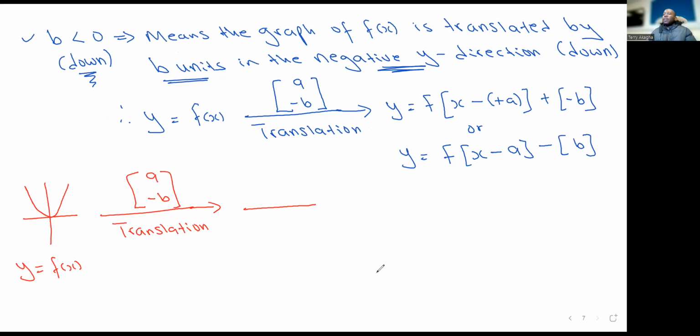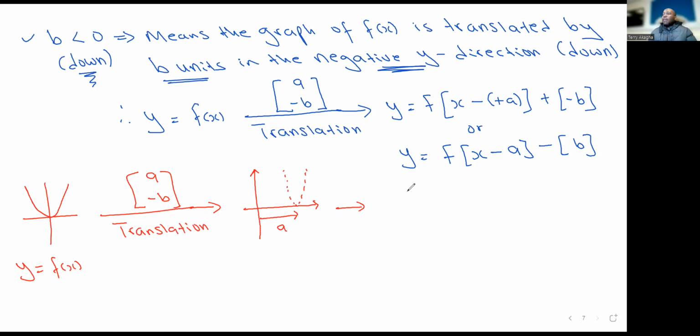So let's go back. This particular graph we have here is going to move to the right first by A units. Are you seeing it? It's moving to the right by A units, from the center or the origin. But we also have B negative, and B negative means that it's going to move what? Down.